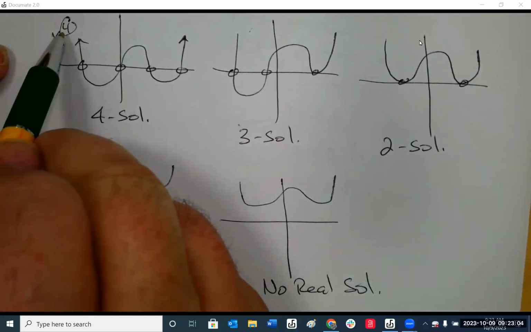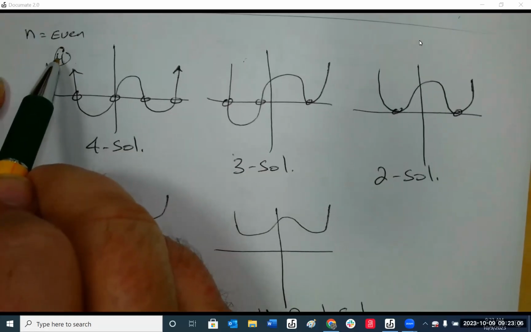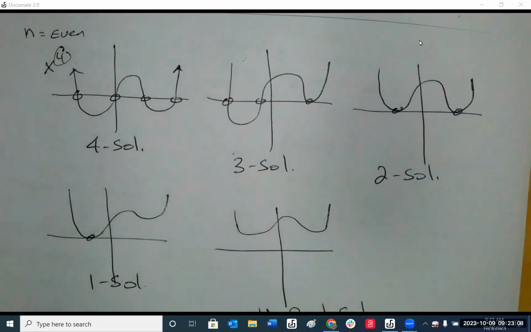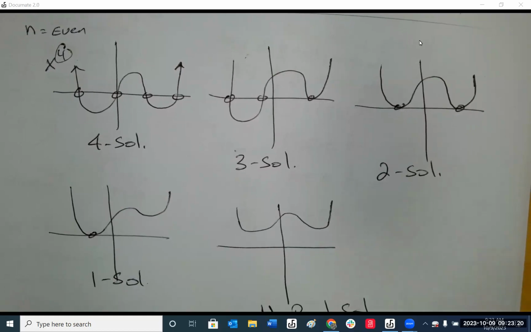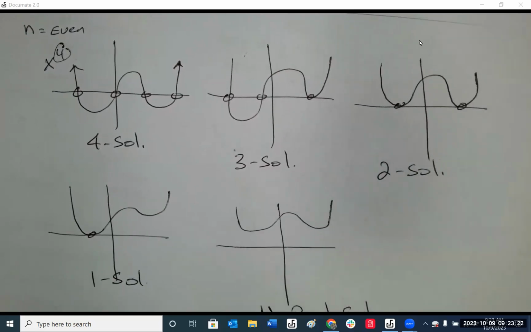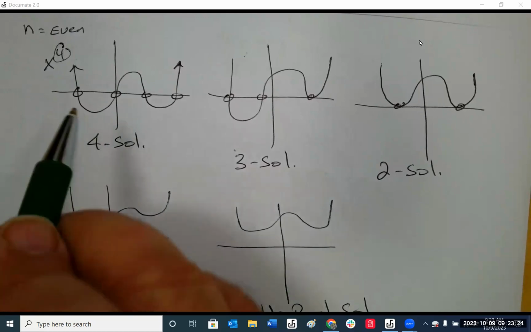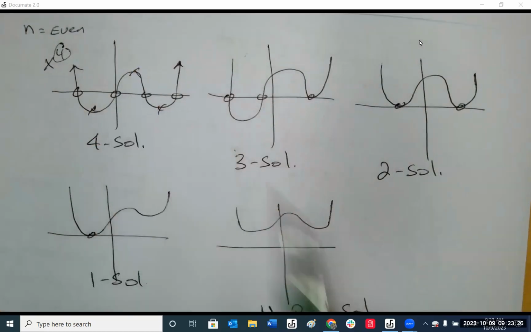Since this is a degree 4, we have to have 4 solutions. There could be 4 imaginary, 4 real, or 2 of each. But they have to come in pairs. Imaginary answers have to come in pairs. And again, the number of vertices is always 1 less than the degree.